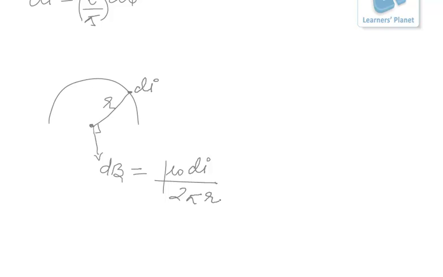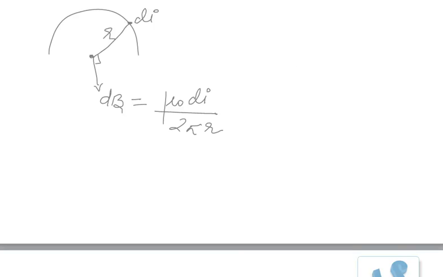Now you have a current di, and if you wish to find out the magnetic field of this current element at a distance r, it will be in this direction, making an angle of 90 degrees. This we already know. Now this dB will be given by mu naught di by 2 pi r.